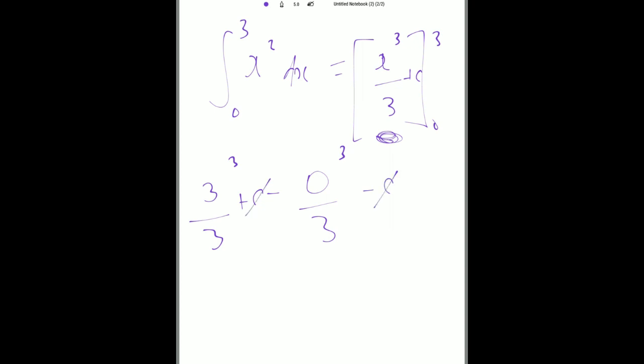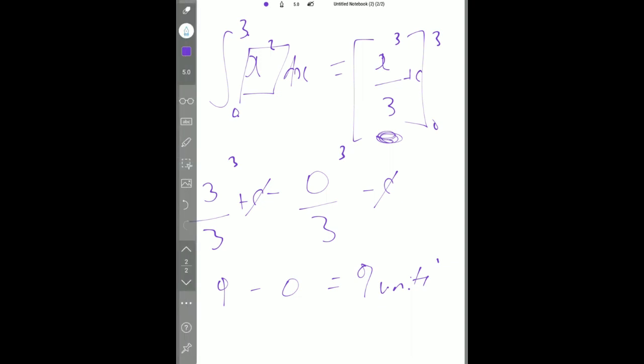So because the constants of integration cancel when you're doing definite integrals, there's no need to bring in that constant. So what do we get here? We get 9 minus 0, which tells us that the area under the curve x squared between x equals 0 and 3 would be 9 units squared.